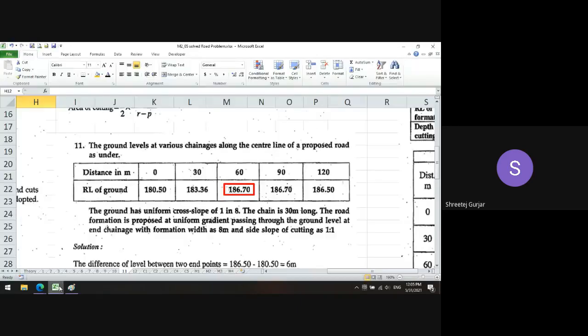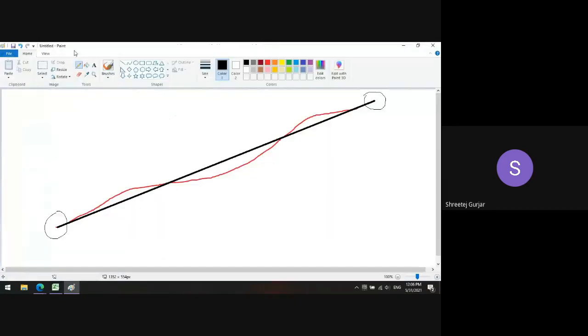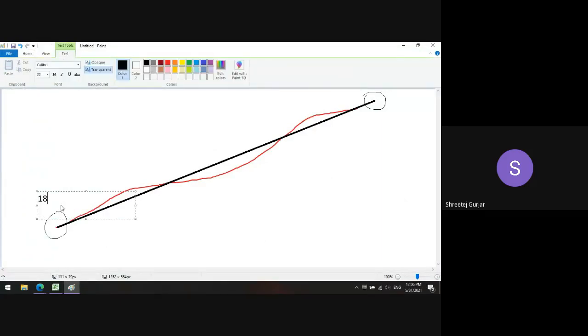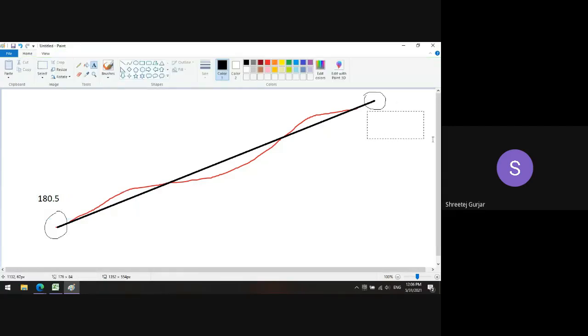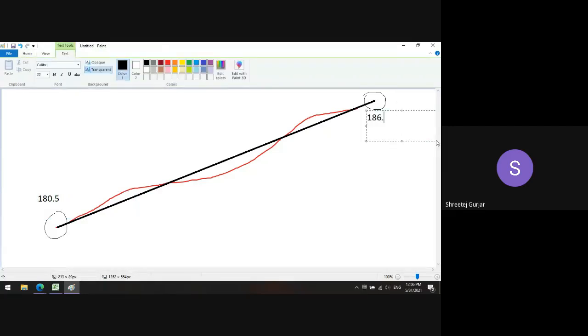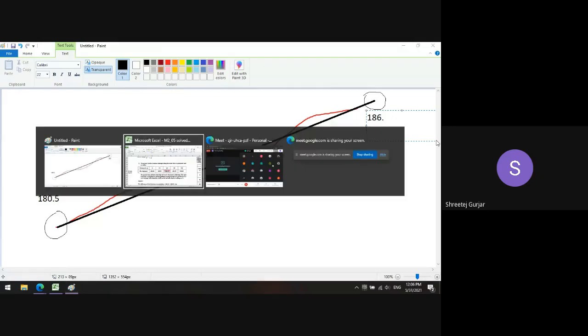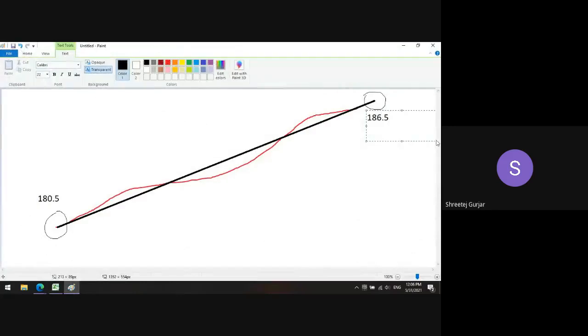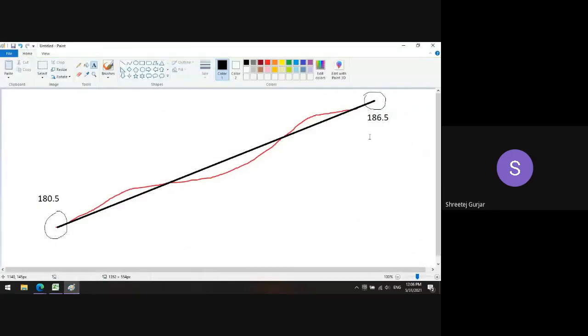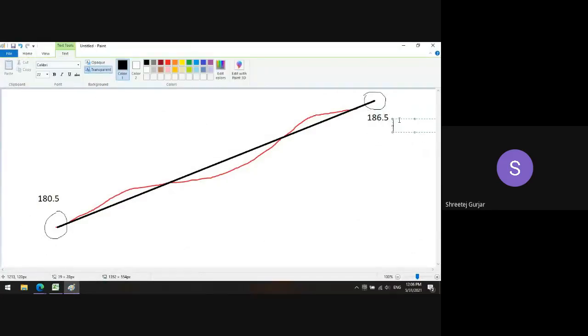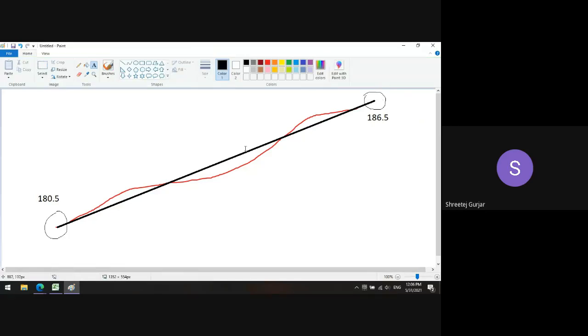So what are the end chainages? 180.5 and 186.5. So these are the same. Formation level and your ground level are the same at these points.